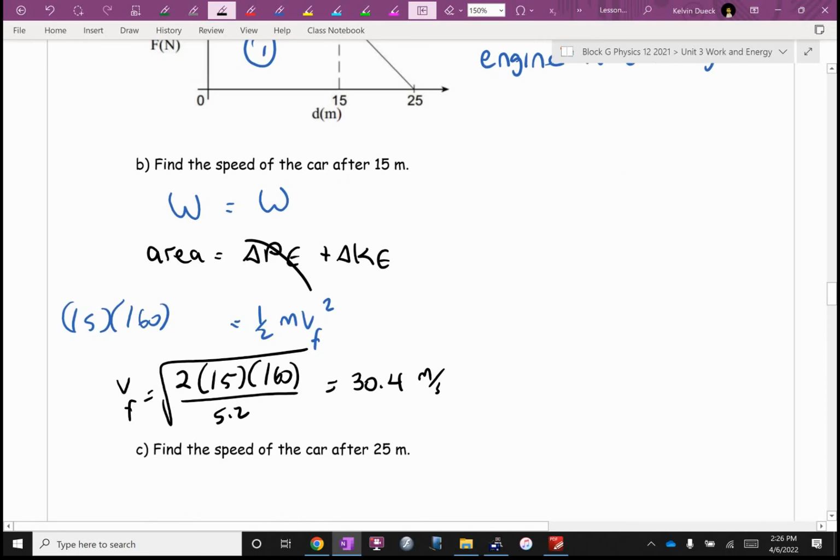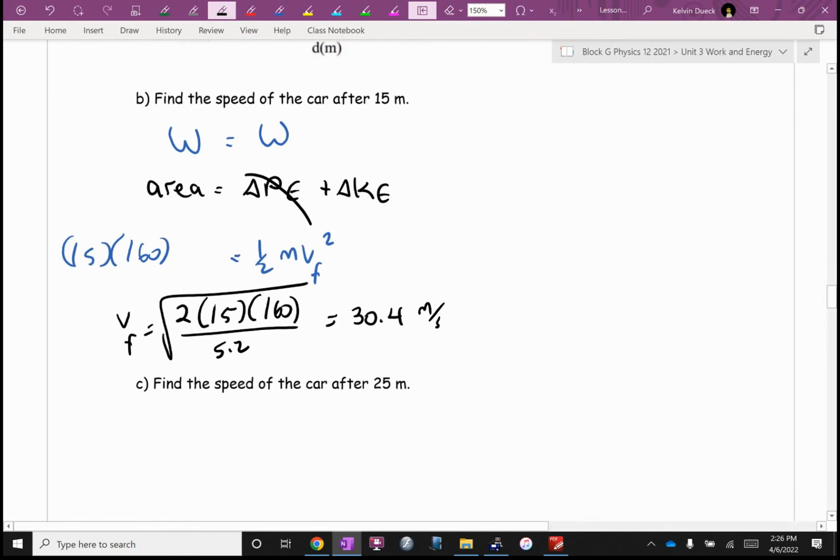C says do the same thing, but for 25 meters. I'm going to argue it is the same thing in that I'm going to start out saying, hey, work equals work. I'm going to then say the area equals the work energy theorem, change in potential plus change in kinetic. Our change in potential, still 0. On the right-hand side, you're still going to end up with a half mv final squared.